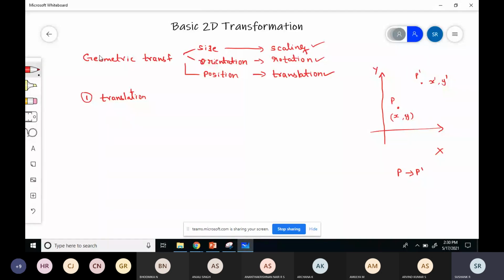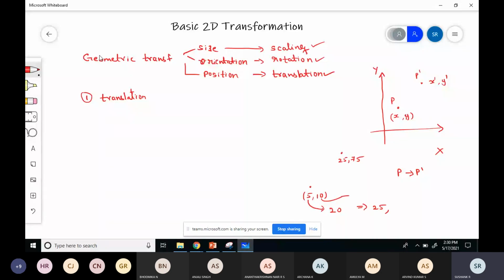So how can I do that? For example, the point is at 5 comma 10. I want to move it to the position 25 comma 75. For this 5, if I add 20, I'll get the new coordinate 25.